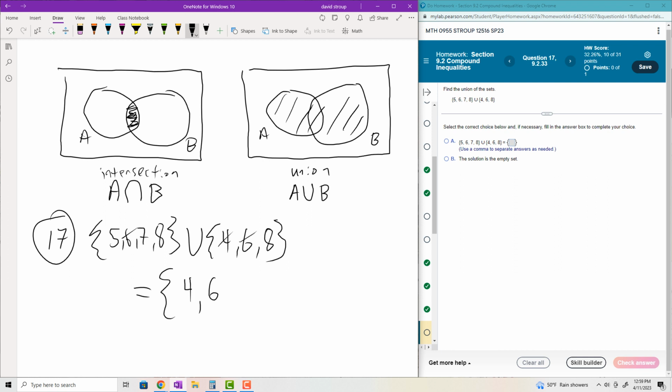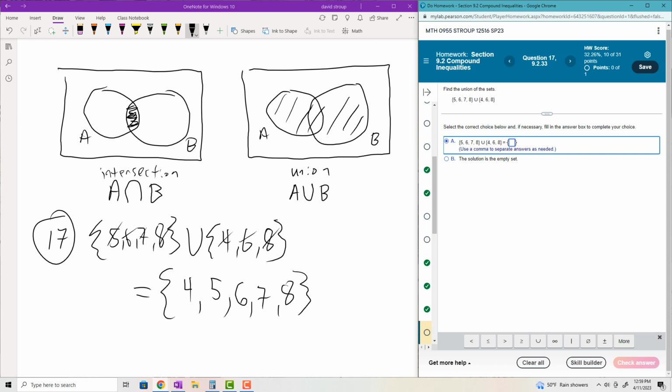We include that. We don't have to write it twice. Okay? We need a 5. The 5's in that first one. And they should be in numerical order. Okay? They don't have to be, but they should be. 5, so we have 6. And then 7 is in A, so we include that. And then 8 is in both of them, so we include that. Okay. So it's basically, if it's in one or the other, you include it. Or if it's in both, you include it. Okay, so 4, 5, 6, 7, 8.